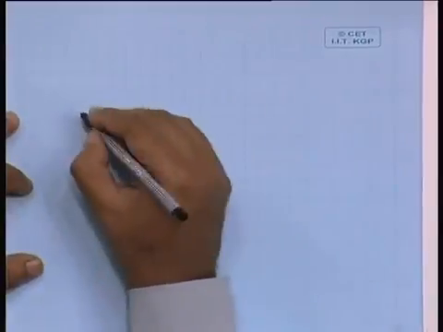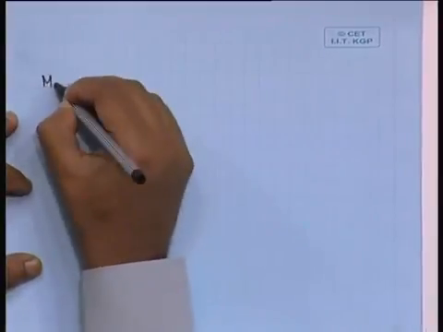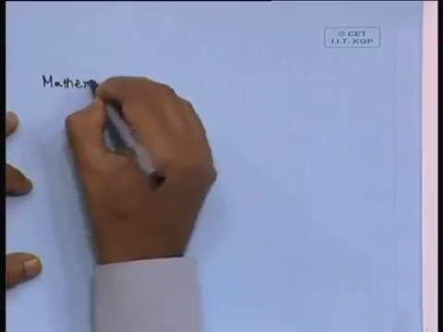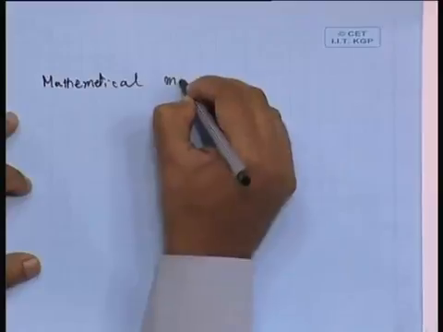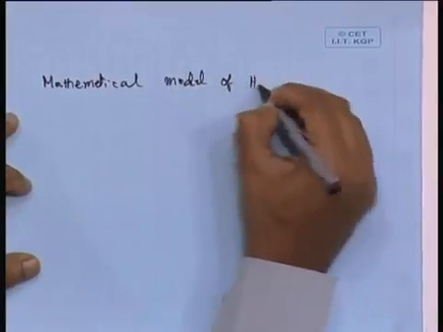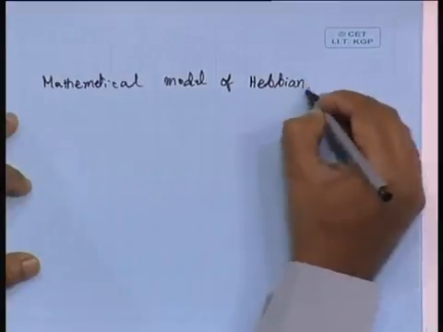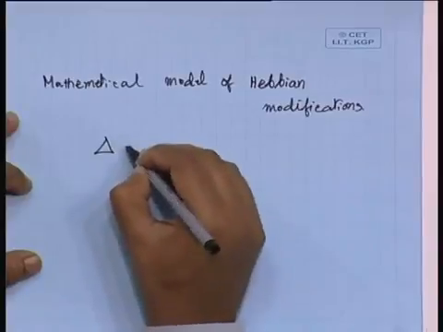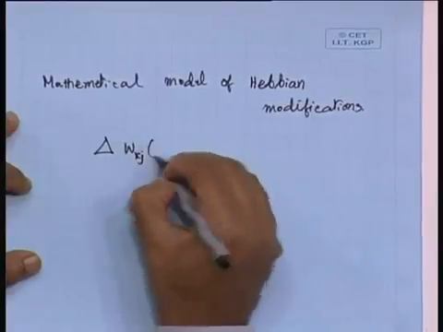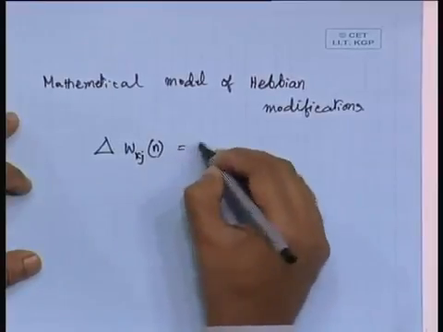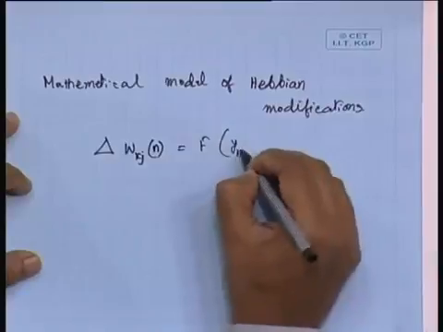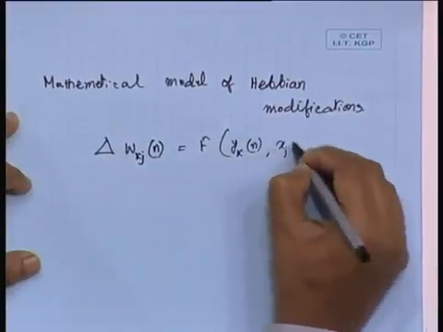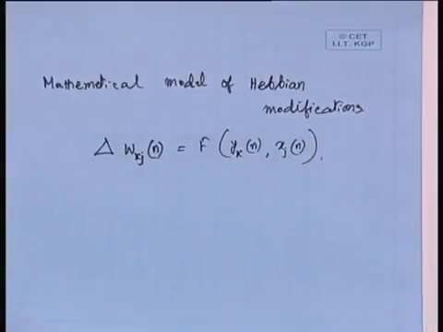Stated in a very simple way, this can be stated as follows: delta Wkj at the time step n is surely a function of Yk(n) and Xj(n), and we have already defined the nomenclature for this.